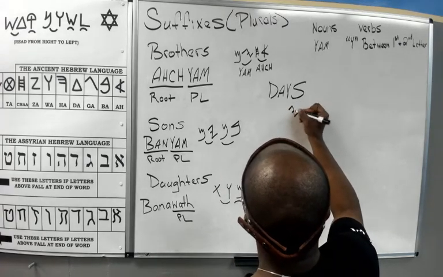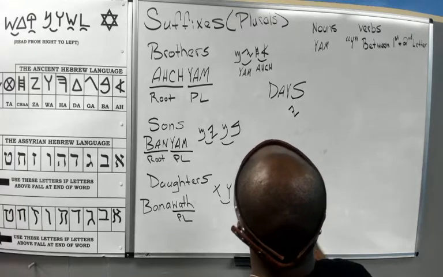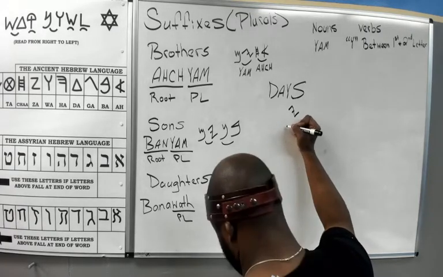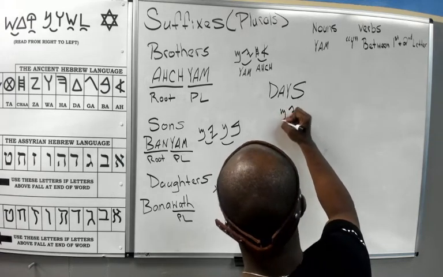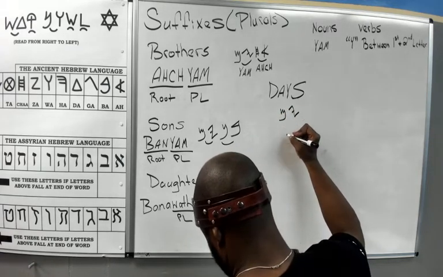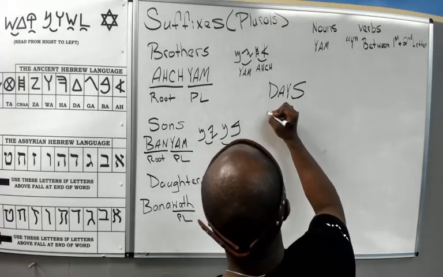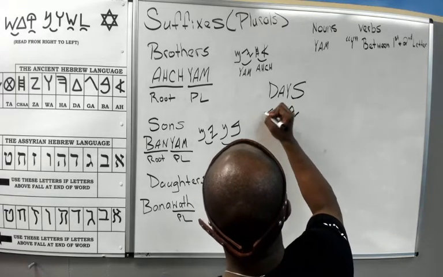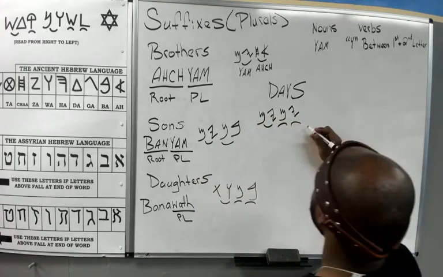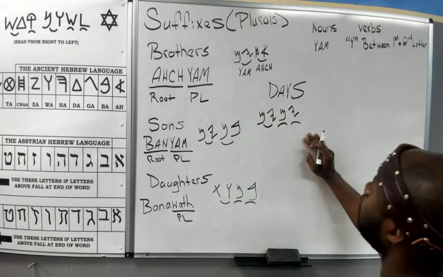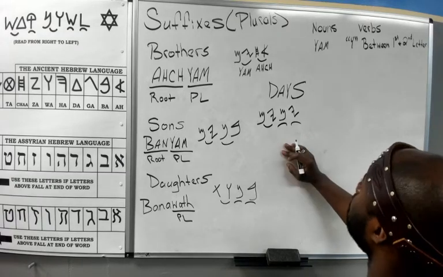Your one is day as a root word, but days is going to be written out differently. It'll be yum, and you find this a lot in the Bible. Yum is days.